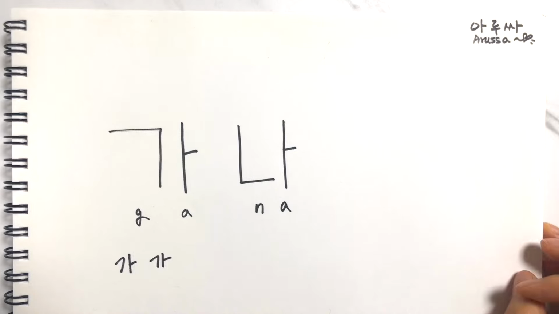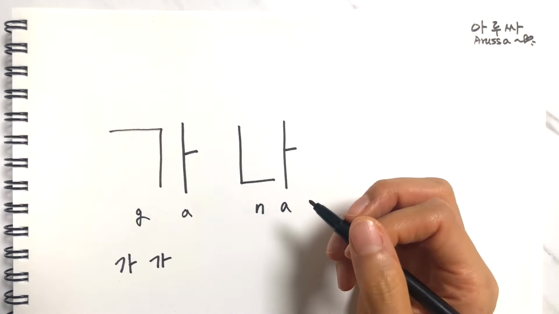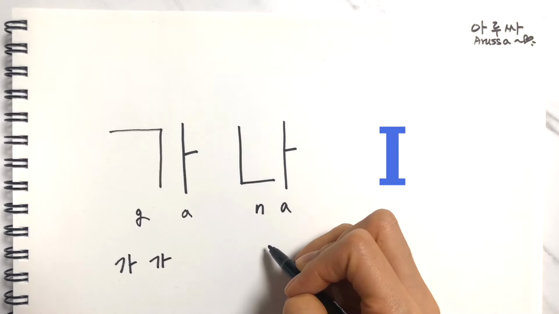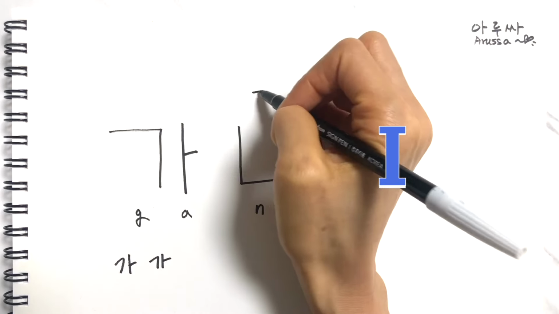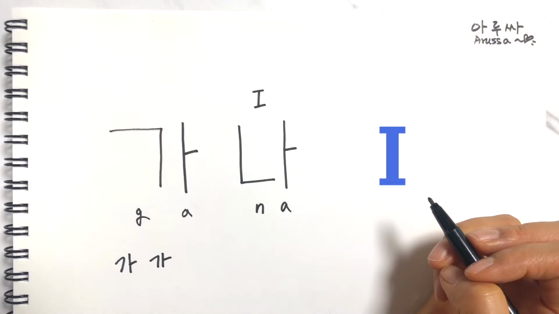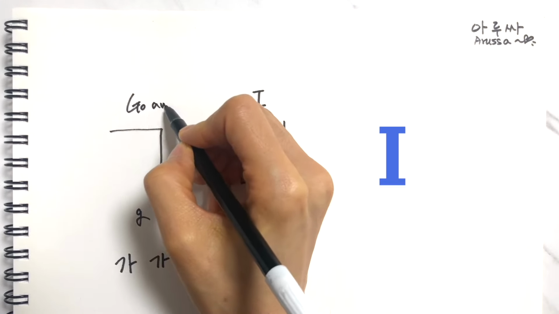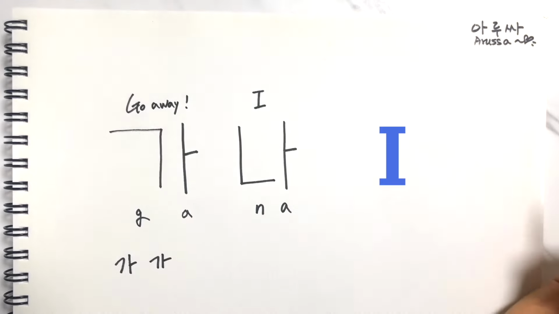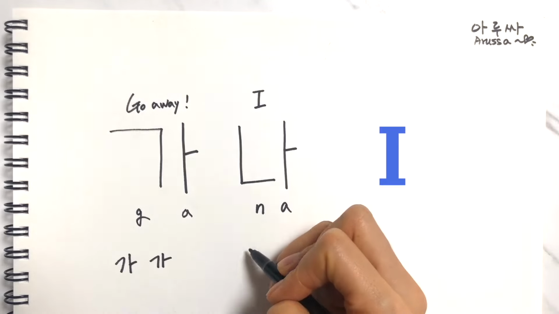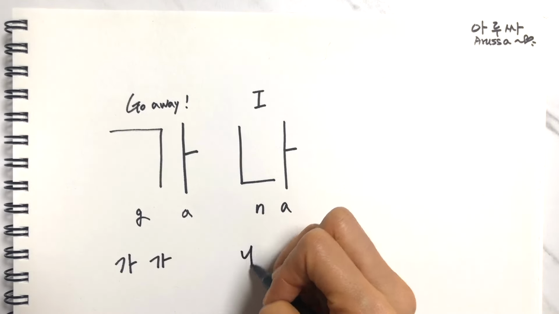What's the meaning of na? Well, na is actually a word referring to I. It means I. Ga, like I said, go away. 가. 집에 가. Go home. Alright, so here, na, this is how I write na.